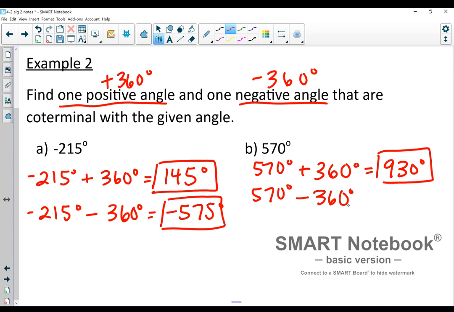So that could also be an answer for my one positive angle. I'm going to have to subtract 360 one more time because I want a negative coterminal angle. If 570 minus 360 is still positive, then I have to subtract again, and that would give me a negative 150 degree angle. So those two would be coterminal with 570. The negative 575 degrees and 145 degrees are coterminal with negative 215.